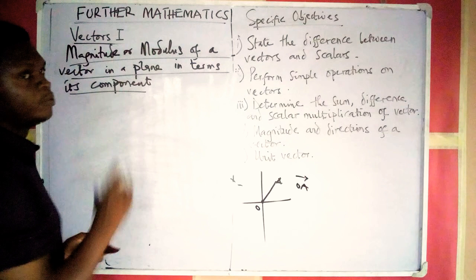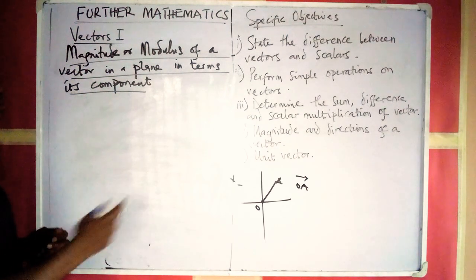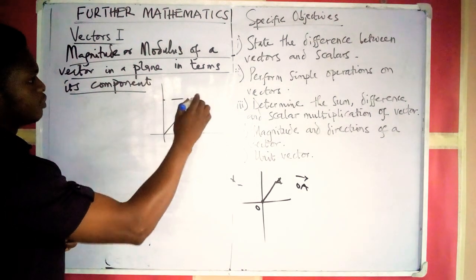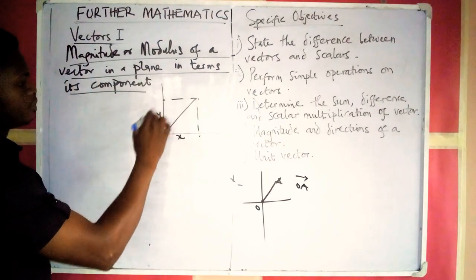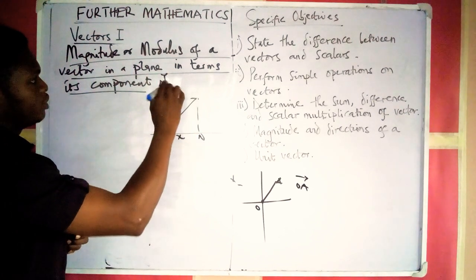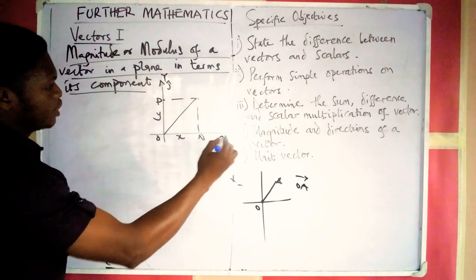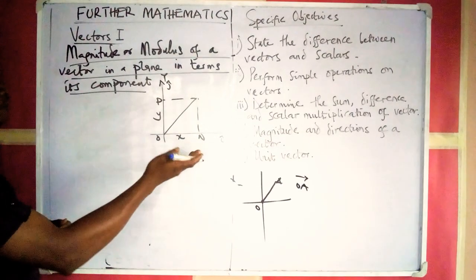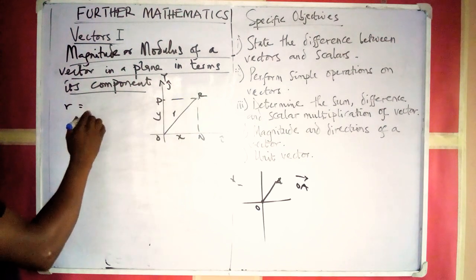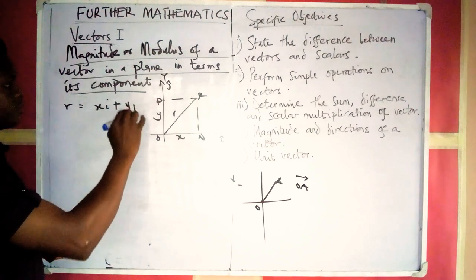Recalling back to the diagram I have on the board, let me still sketch up the diagram. I have my O and P, direction of Y, which is the j direction, direction of X, which is the i direction. So recall from here, I have here as my R. So we recall that R is equal to xi plus yj.